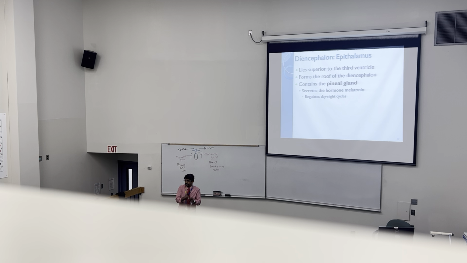Epithalamus is supposed to be on top, but it's really behind, more of it is behind. The most important part is a structure called the pineal gland. The pineal gland produces melatonin. What does melatonin do? Yeah, it helps us to sleep.